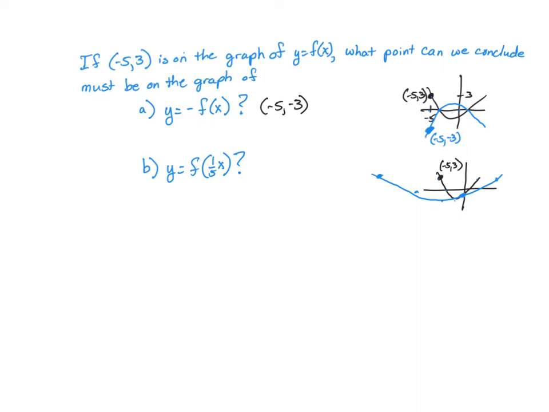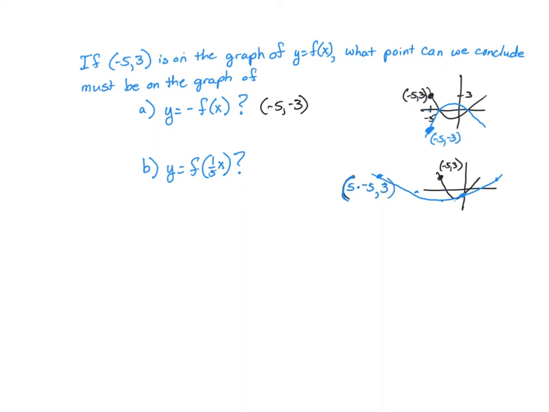but they specifically are asking about this point, negative 5, 3, right here. What happened to it? Well, it went from here to here. What changed? Well, the x value changed, and it changed by a factor of 5. This point right here, whoops, let's do it in blue, is at 5 times negative 5, comma 3.